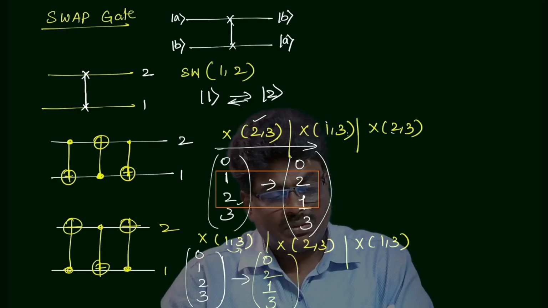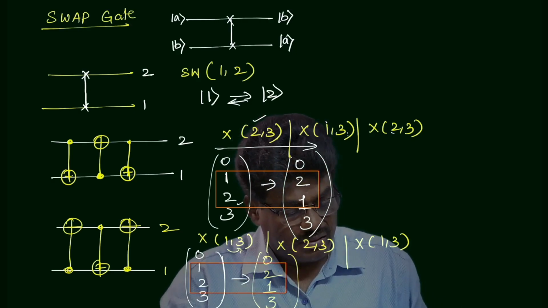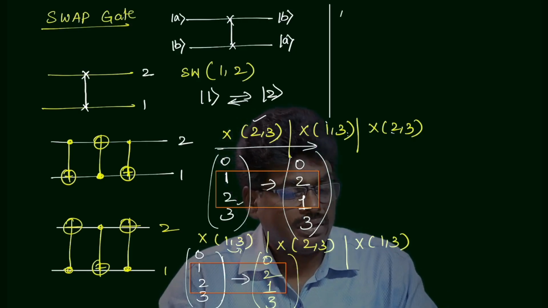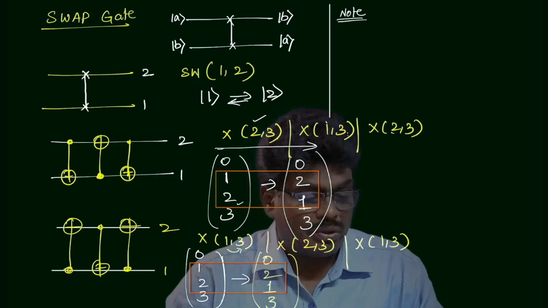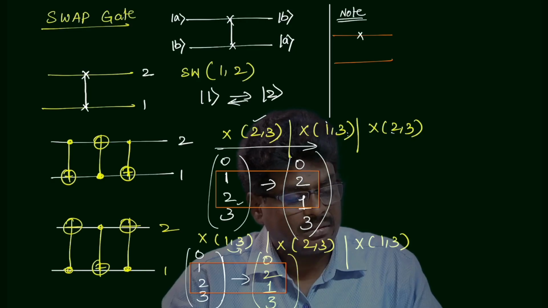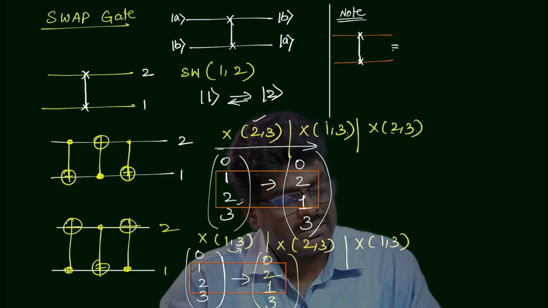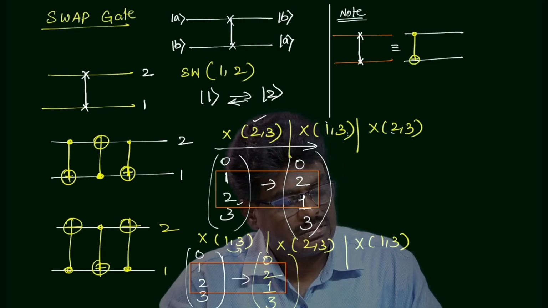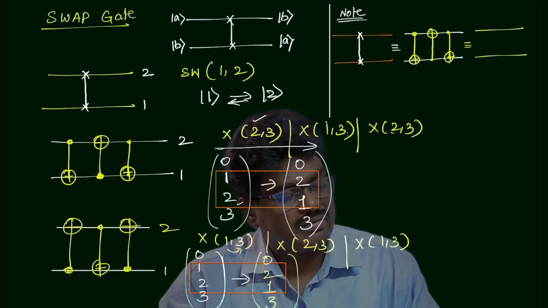Okay. So we can conclude this. What it means is, if you have a swap gate, this is equivalent to C naught, reverse C naught, again a C naught, and this is equivalent to like this.